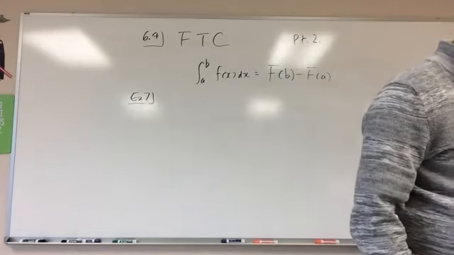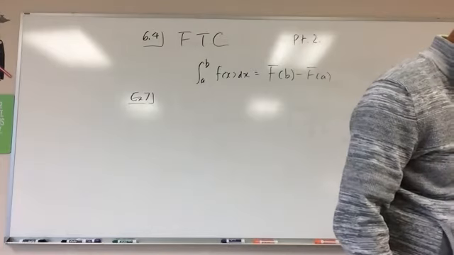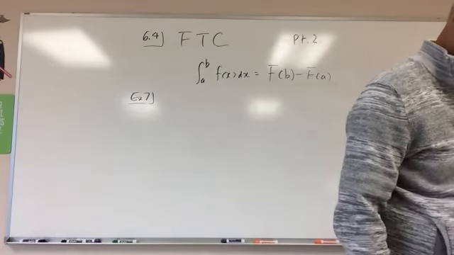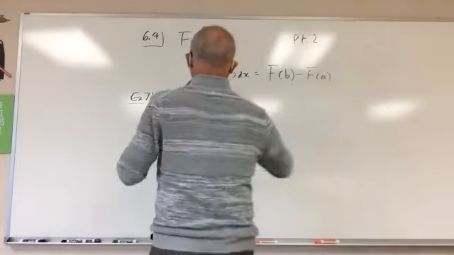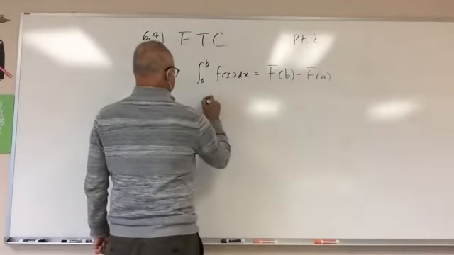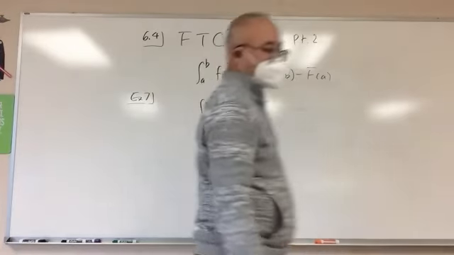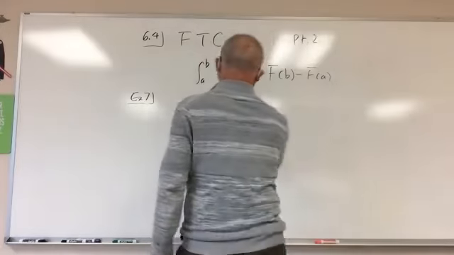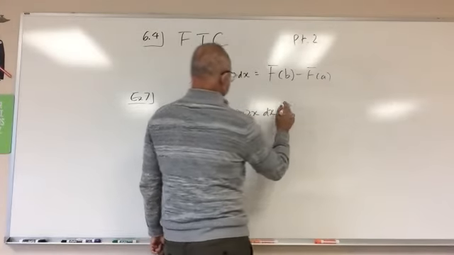Find the area of the region between the curve and the x-axis over the interval between -3 and 3. Okay, well, that's what we did, right? So let's see, get your calculators out and see if you can do this. -3 to 3, and we are doing x cosine 2x dx.